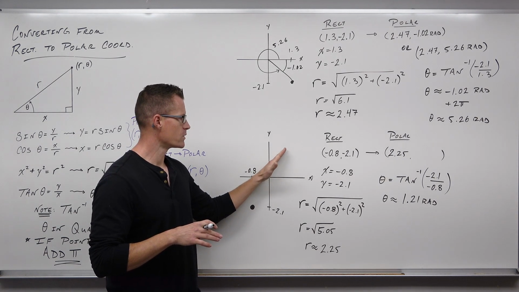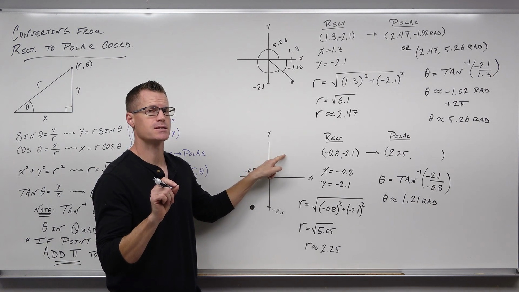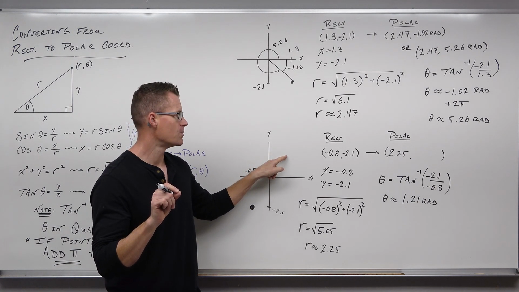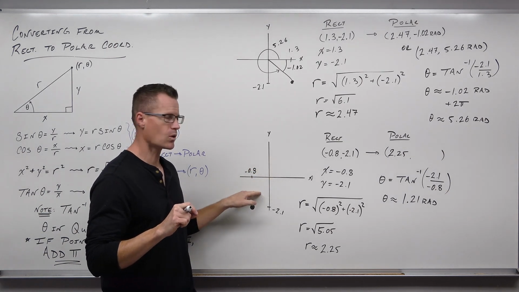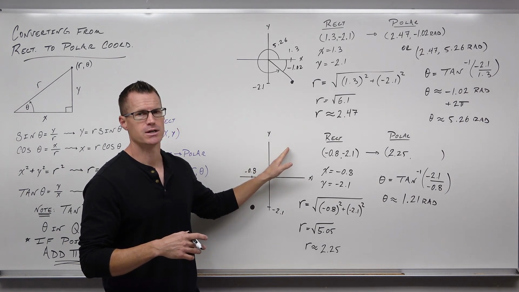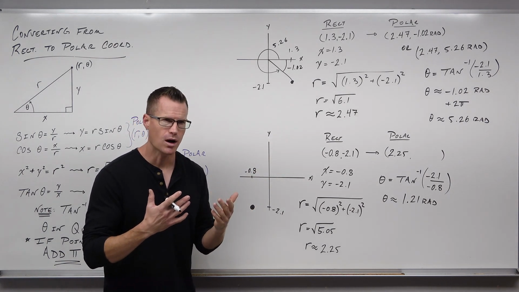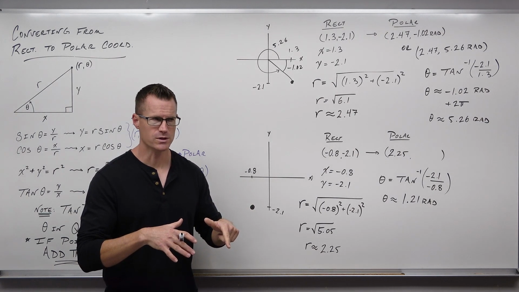If we go to 1.21 radians and we go out 2.25, we are the right distance away from our pole, but in the wrong location. We're in the wrong quadrant. Tangent inverse cannot give you anything in these two quadrants. I've made that very clear. So what do you do to get to this quadrant? You have to add pi to it. Because pi is approximately 3.14, we can do that. Adding approximately 3.14 will typically work.